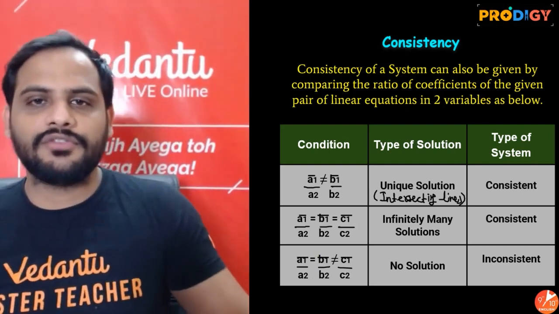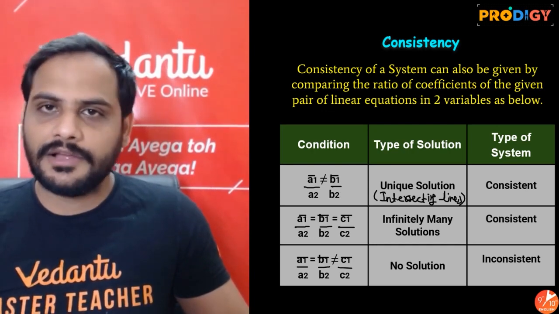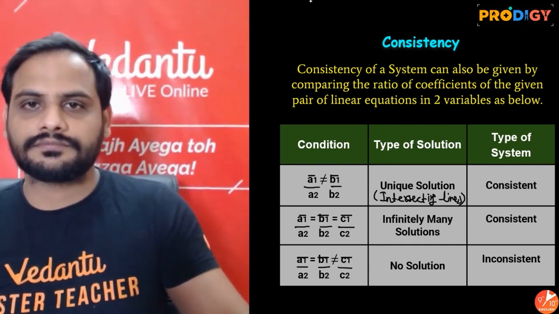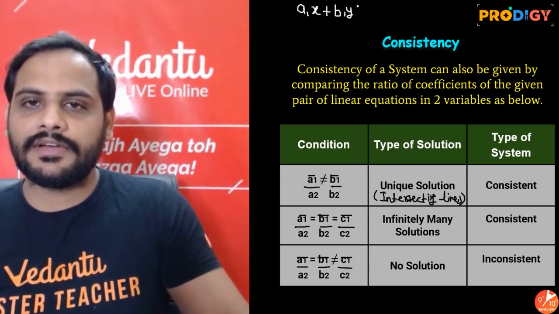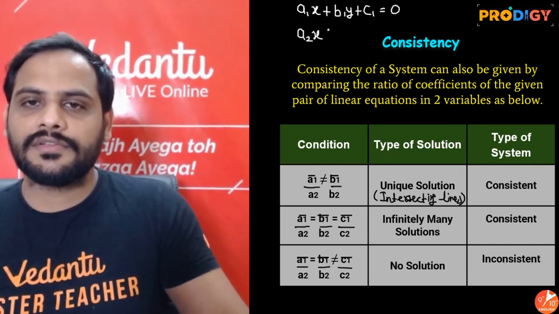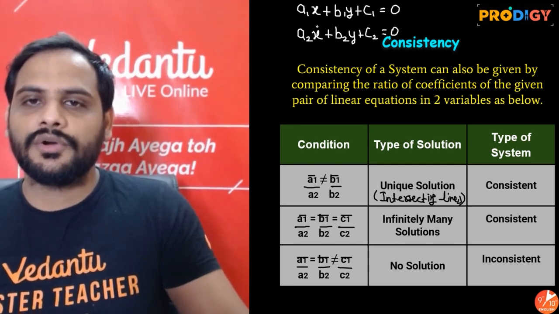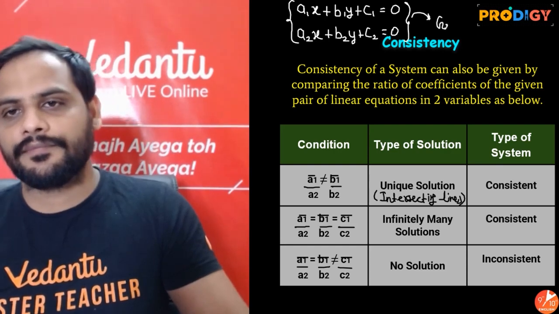Alright, so beta, as you all know, we have our equation A1x plus B1y plus C1 equal to 0 as my first equation, and A2x plus B2y plus C2 equal to 0. For no confusion beta, remember I am using the general form.